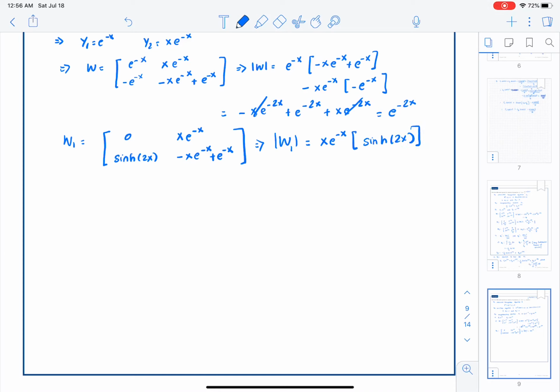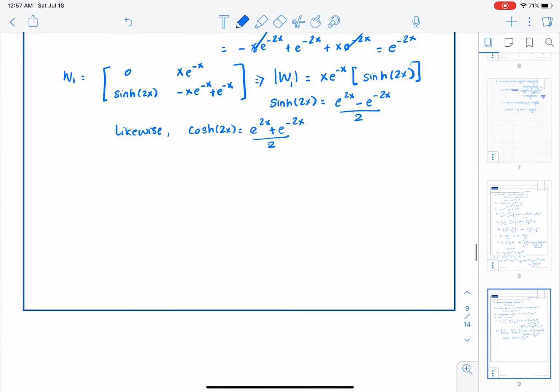Now you look at that and you say, oh, that's just too complicated. It is not. Sinh 2x can be written in terms of exponentials as e^(2x) minus e^(-2x) divided by 2. Likewise, cosh 2x is simply e^(2x) plus e^(-2x) divided by 2. That is for future reference.